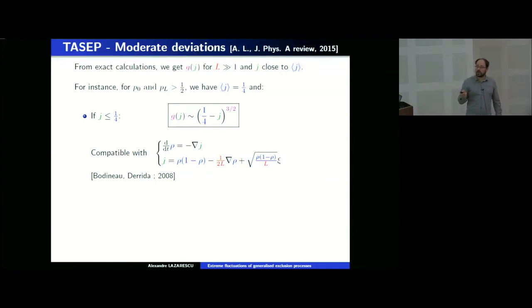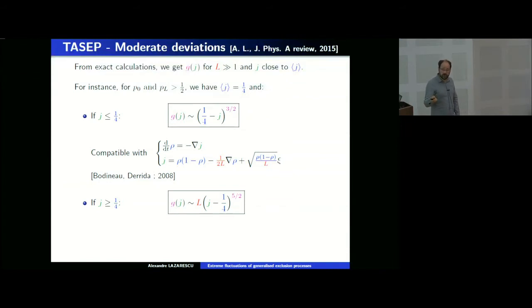So this, using the macroscopic fluctuation theory for the totally asymmetric exclusion process, was first proposed by Bodineau and Derrida in 2008. These exact results confirm that it's a good idea. It works. Now, when we look at fluctuations larger than the average current, we get a different power, which is nice. We have a phase transition. More importantly, the large deviation function now scales linearly with the size of the system, when before it didn't depend on the size of the system.